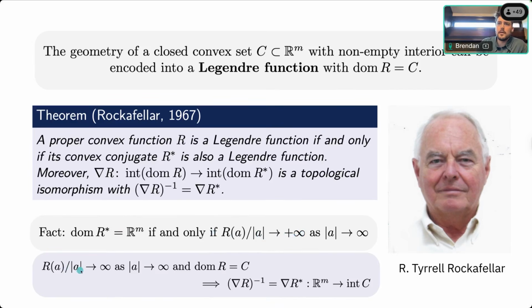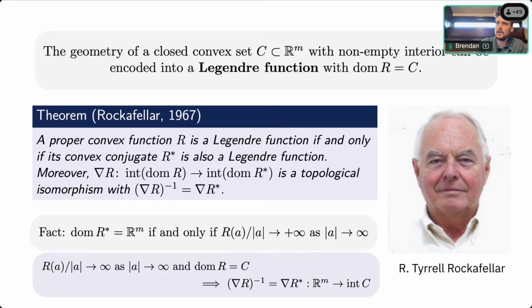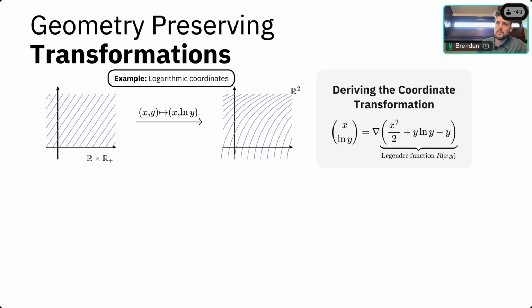And if you have a Legendre function with this condition, then what this fact and this theorem tells you is that the gradient of the conjugate function is a map from R^m to the interior of your C. So this is your transformation. You define your Legendre function, and you get your coordinate transformation from it.